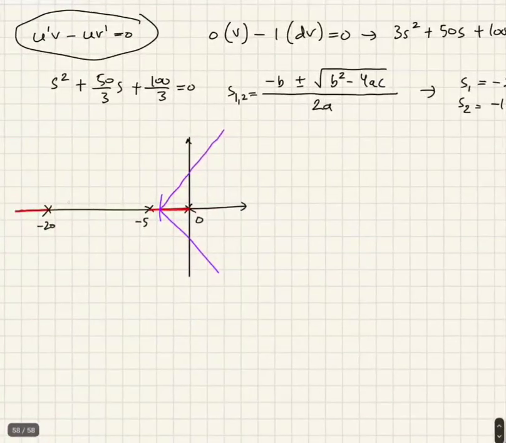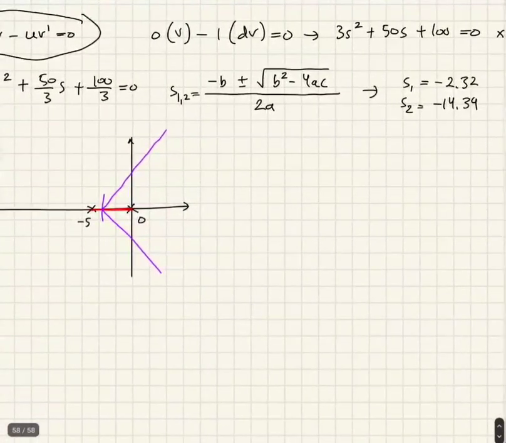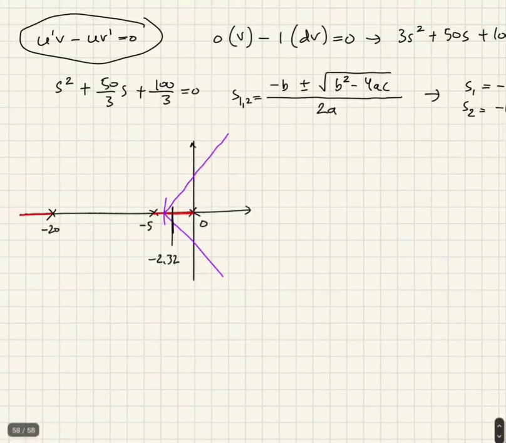So from the locus shown on the red, we can see that -2.32 lies on the locus, okay? So this is -2.32. This point lies on the locus, but -14 is somewhere in here, right? Let's say this is -14.